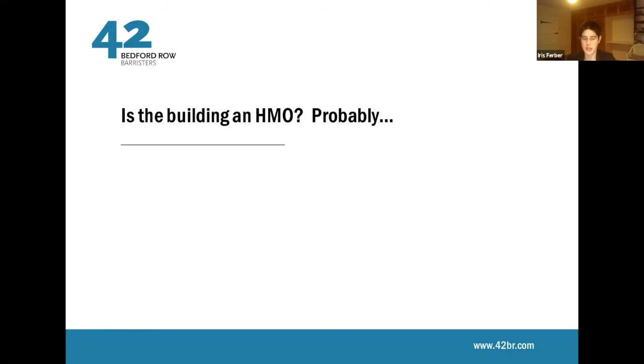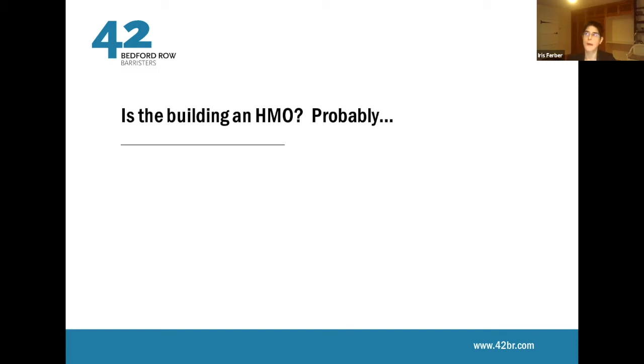A lot of the case law, all of the case law that Natalie talked about, although it deals with the issue of whether it's a tenancy or a license, the status of occupation, all of those cases have been brought, and the status as tenant or licensee is important because the guardian in that case is asking for a rent repayment order, or is seeking some kind of injunction or some kind of court order or tribunal order based on the allegation that a building that should have been licensed as an HMO has not been licensed as an HMO.